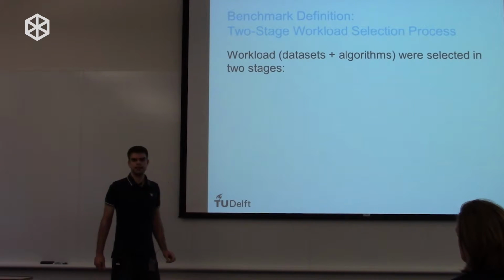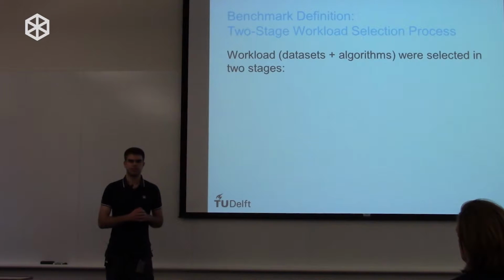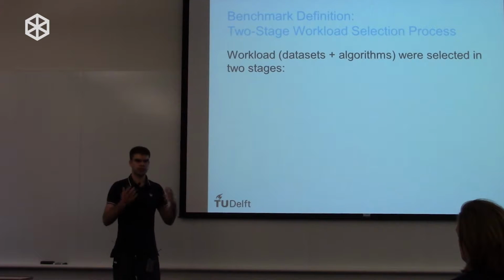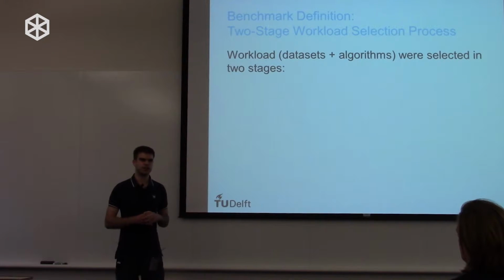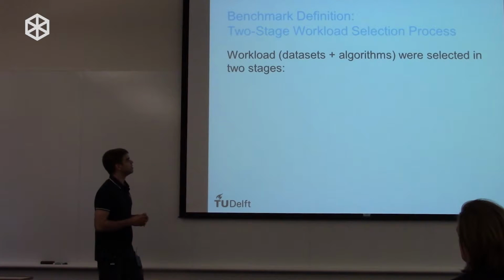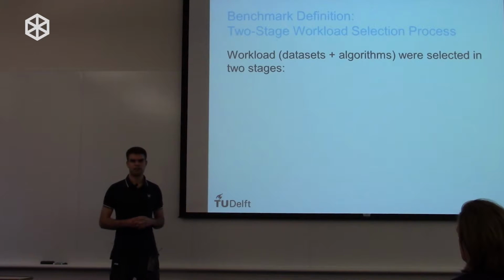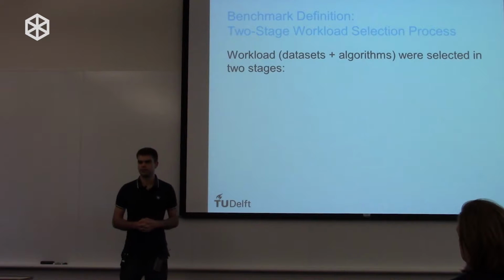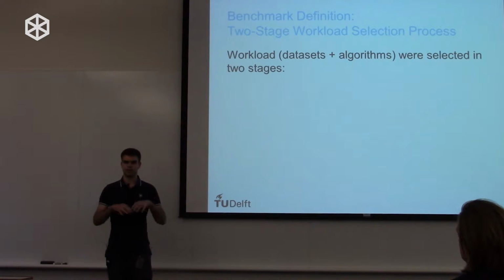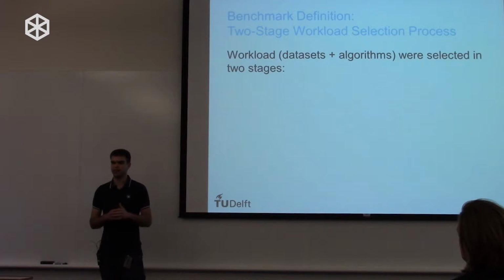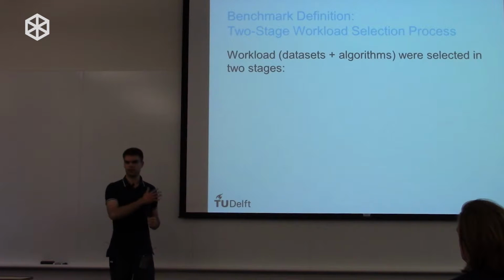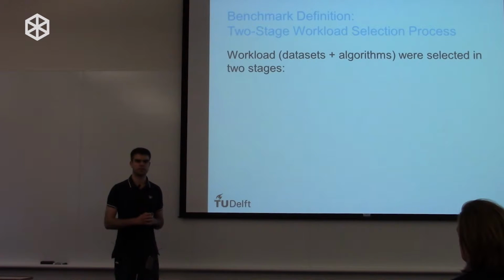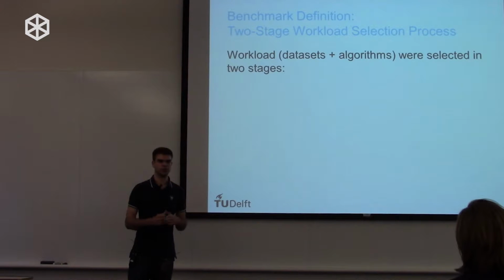So for the data sets and algorithms, to select the right ones to include in the benchmark, we used sort of a two-stage selection process with the goal of getting a representative set of algorithms and data sets, right? So as a user of this benchmark, you can feel confident that the results are actually representative for what you might expect under real use cases.